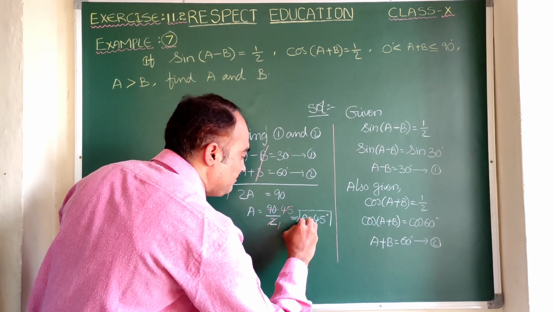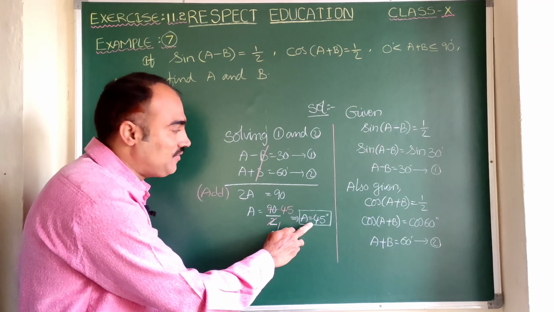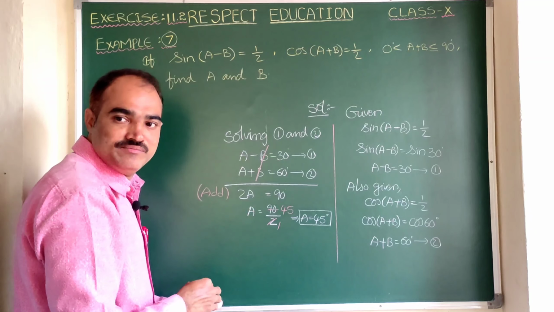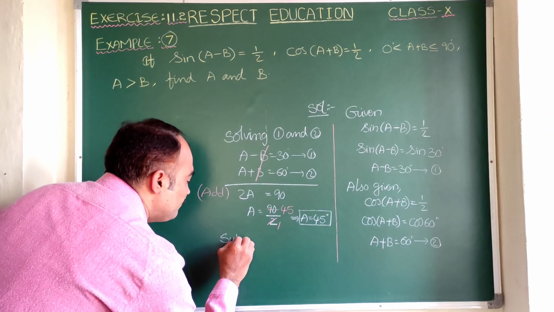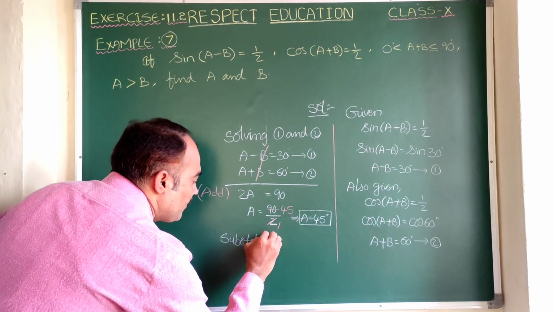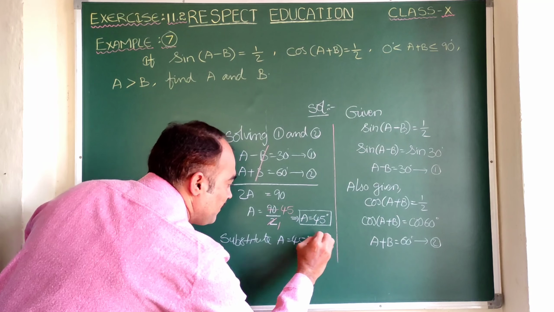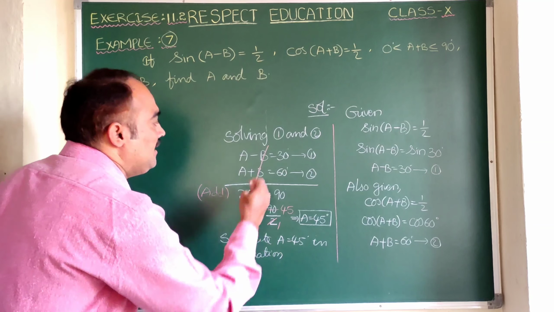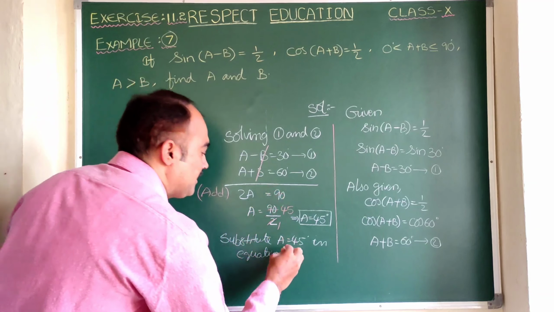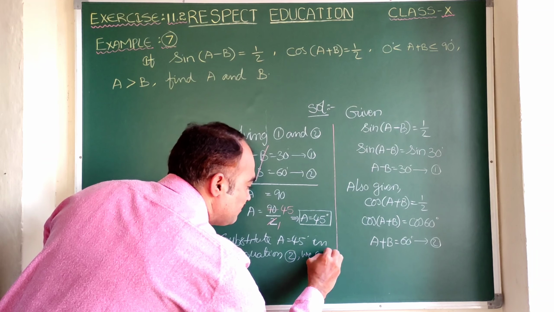Now we got a. Now how to find b? You can substitute the value of a in any one of the equations. Either you can take 1 or 2. Here I am taking equation 2.